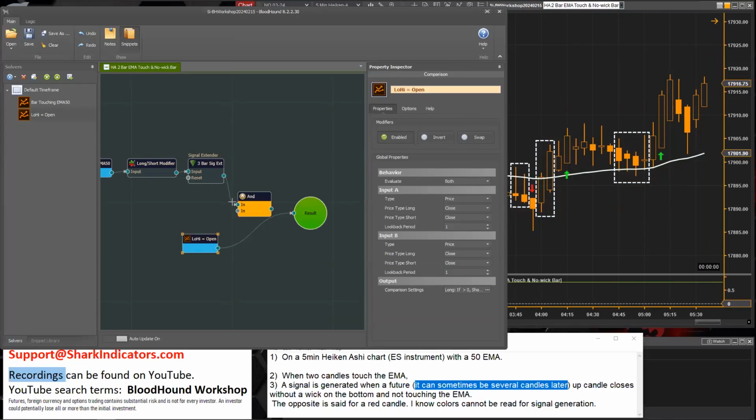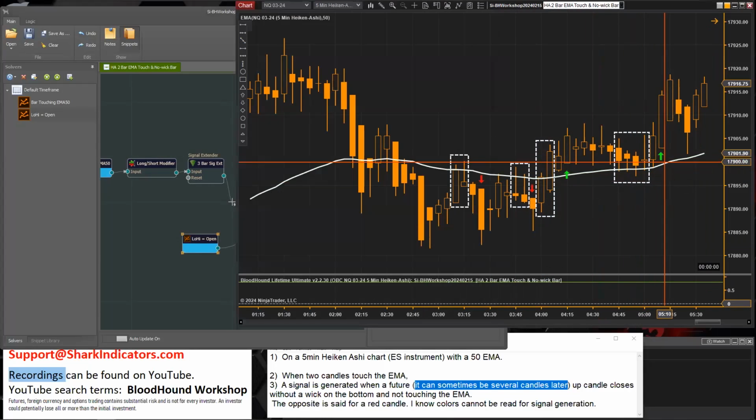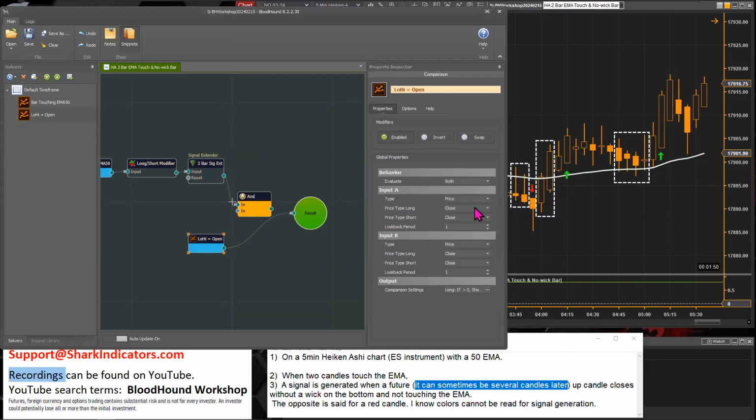All right. So for these long signals here, we're looking for the low to equal the open price. Right. So for a long output, we're going to be analyzing the low price, and we're going to check to see if it equals the open.